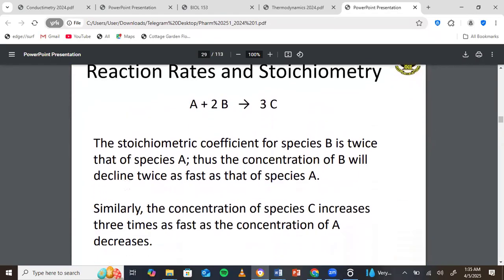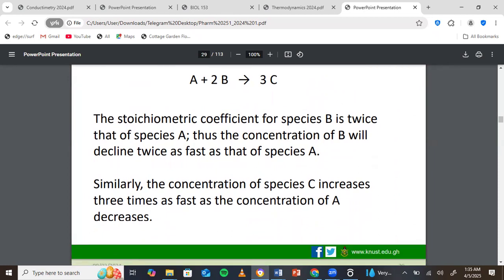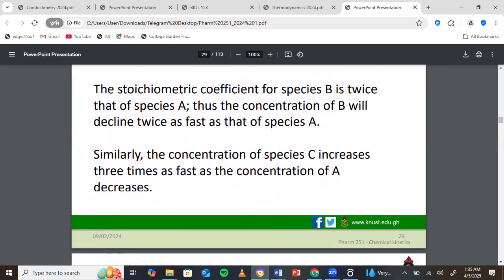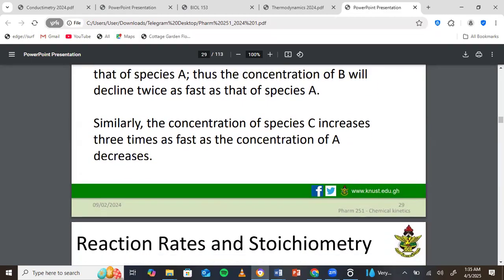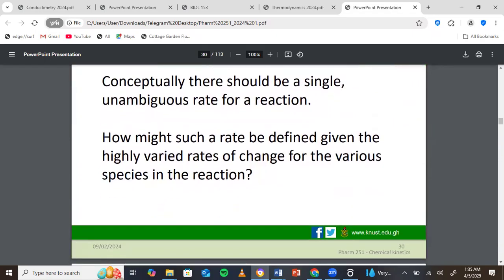There's another reaction here. We say the stoichiometric coefficient of species B is twice that of A. That is, the concentration of B will decline twice as fast as that of species A. Similarly, the concentration of C increases 3 times as fast as the decrease in concentration of A. Conceptually, there should be a single unambiguous rate for a reaction.